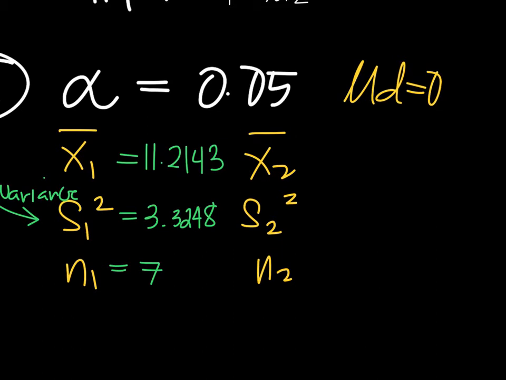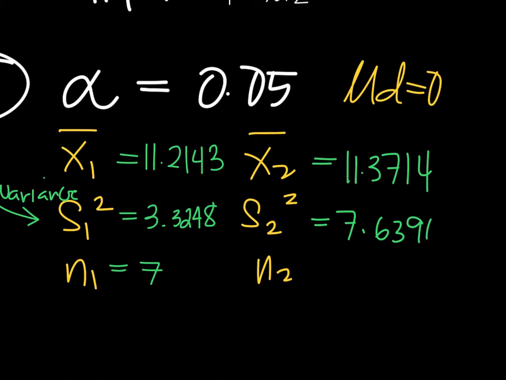For the group under the traditional approach, the sample mean that I obtained is 11.3714. The variance for this second group is 7.6390. If you compare the variance of the two groups, we have a higher variance in the traditional approach.